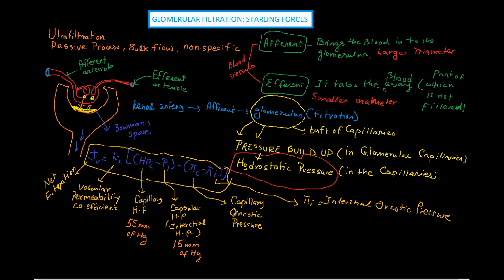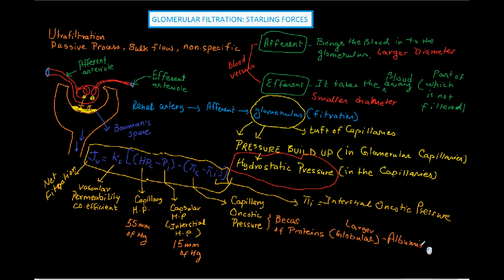Now the capillary oncotic pressure. Okay, so what it is, let's put it in short, is because of proteins, some globular proteins that are not filtered. These are large globular proteins like albumin.